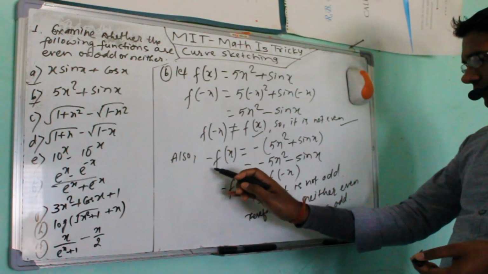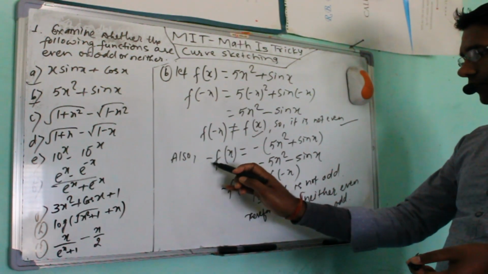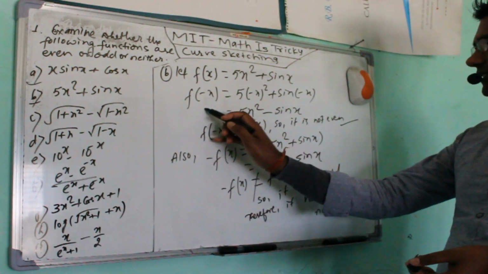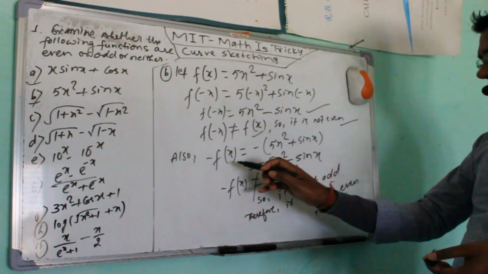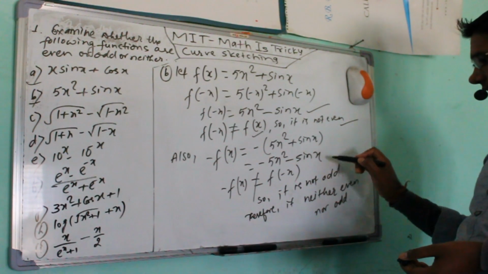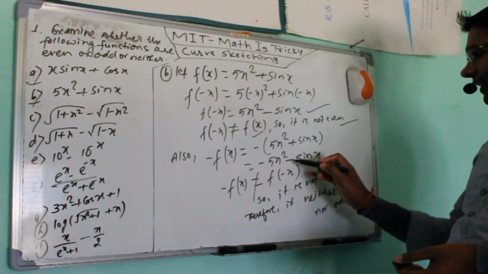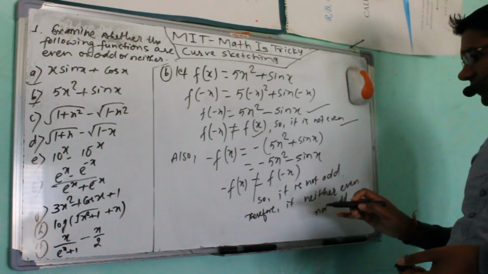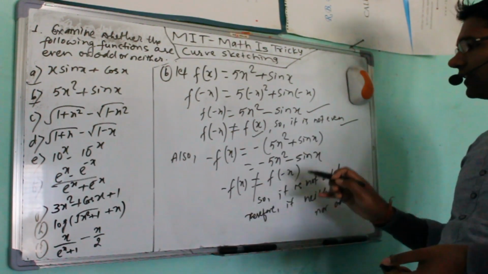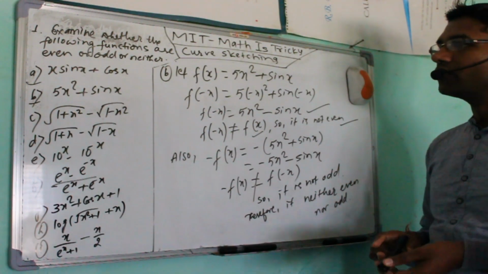If we find the value of f of minus x, we have this. Minus f of x is minus 5x square and minus sin x. This is not equal to f of minus x. So we can say that the function is neither even nor odd.